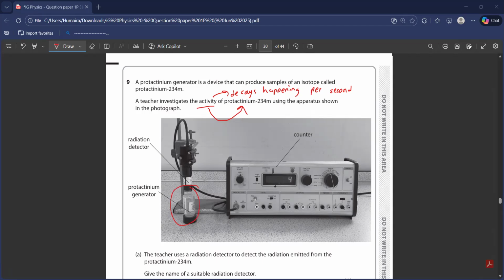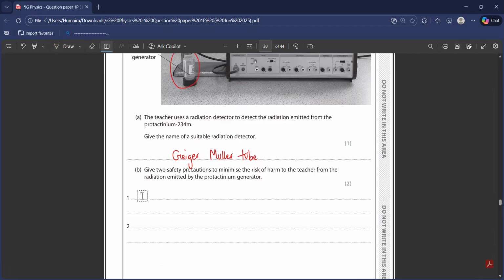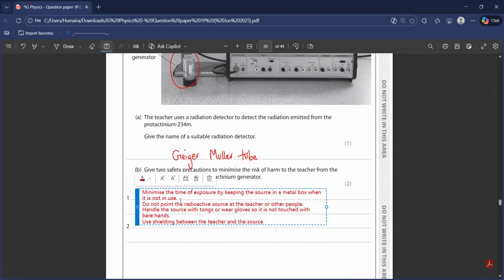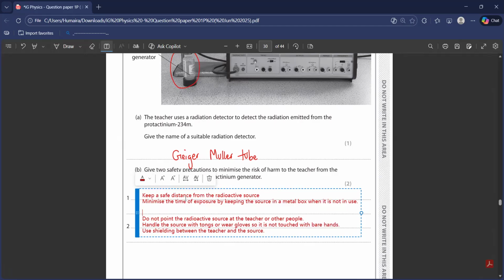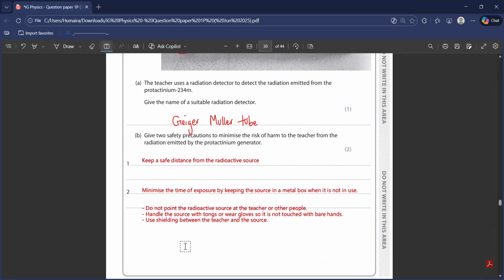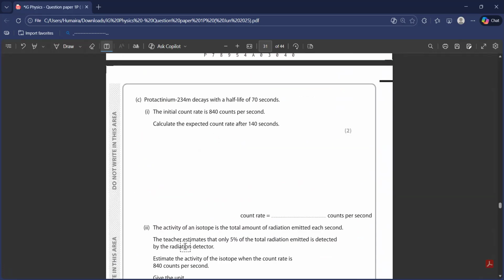Other than that, we will use shielding between the teacher and the source, which minimizes exposure to the source. So I'm writing 5 points here, but for this particular question you only need 2 points. So this can be 1 point, this another point, this another, and these are extra points. Okay. Next.